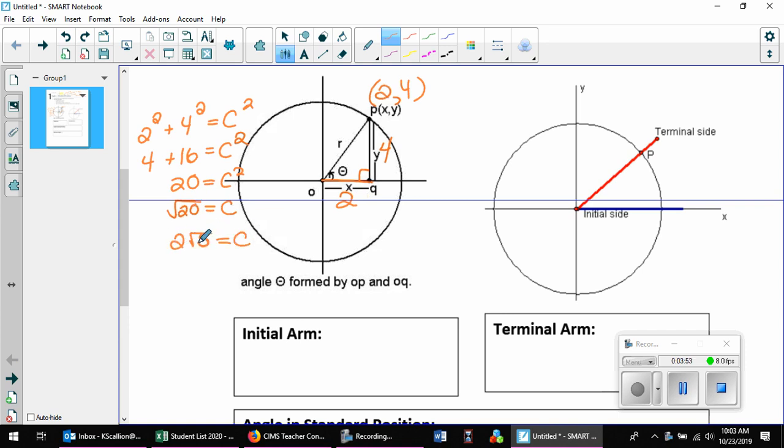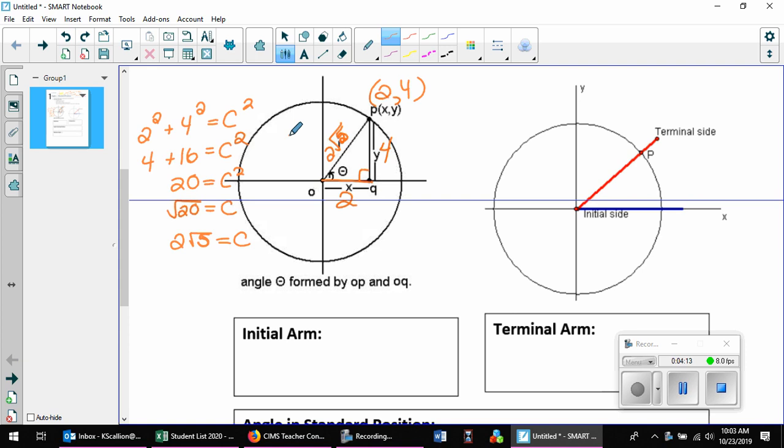We just finished radicals, we're comfortable with radicals, right? So the radius of this would be 2 root 5. That's a 5, by the way. So that's how I would deal with that.